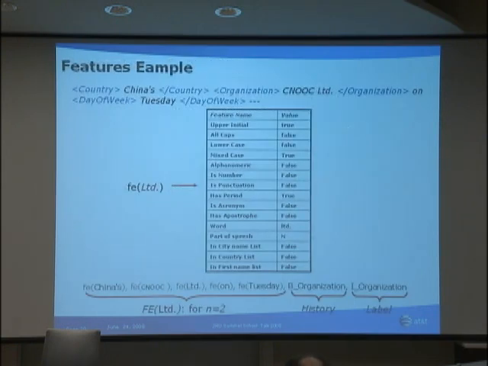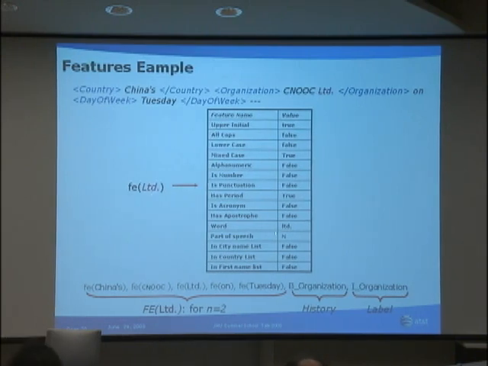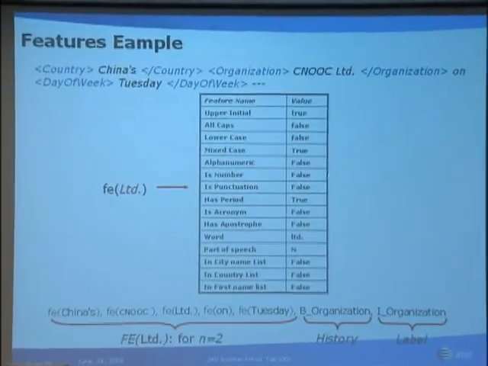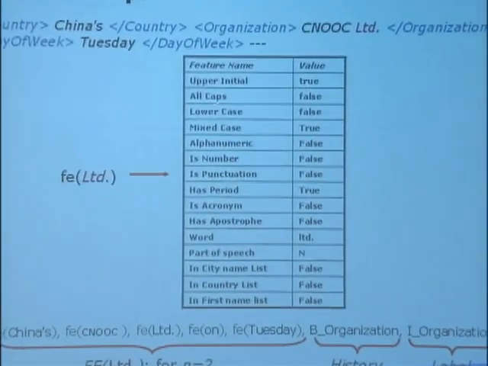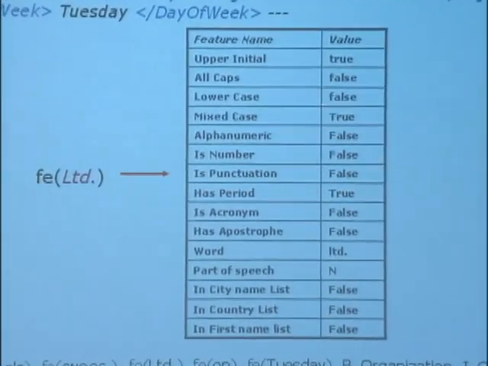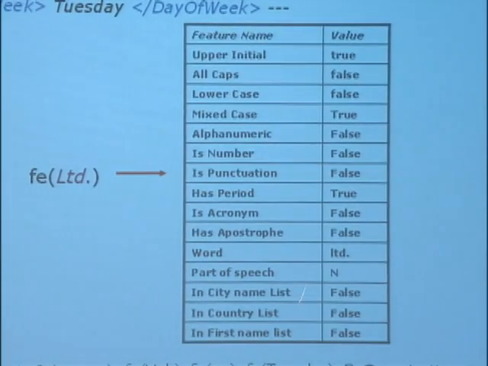So here's a bunch of things. For the word limited, LTD period, these would be the settings of these feature functions. It's uppercase, all caps is false, lowercase, and so on and so forth. So these may be some of the lexical orthographic feature functions that you may want to consider.